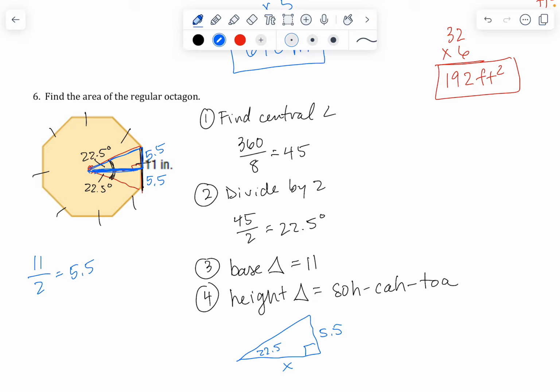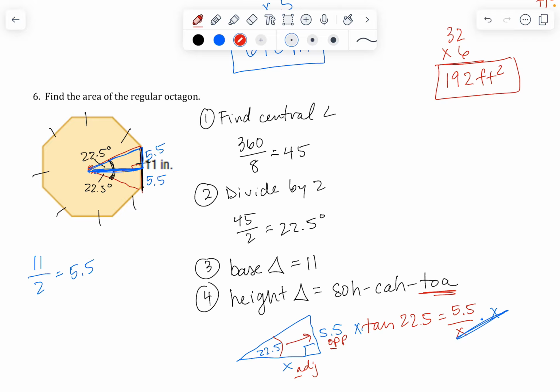We're going to have to use SOHCAHTOA. So from our angle, the 5.5 is opposite. The x is adjacent. Think about O and A. O and A go with TOA. So we're going to say tangent, T for tangent, of 22.5 equals 5.5 over x. Opposite over adjacent. Now this is one of the hard ones. X is on the bottom, so we're going to have to multiply by x because we do not like that on the bottom of a fraction.